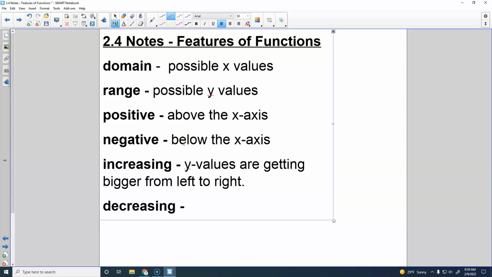And I'm just using that not so mathematical term, getting bigger, to avoid using the word increasing when I define increasing.